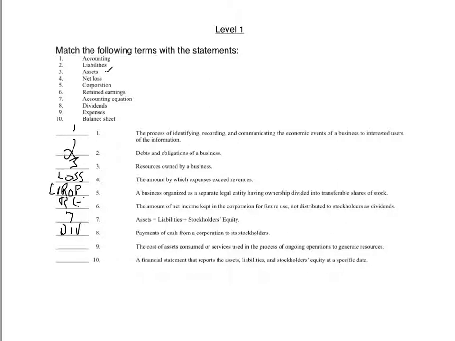The cost of assets consumed or services used in the process of ongoing operations to generate resources. Those are expenses. And lastly, the balance sheet, number 10, BS, stands for balance sheet. A financial statement that reports the assets, liabilities, and shareholders' equity at a specific date.